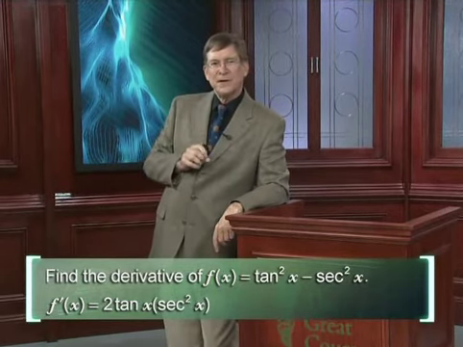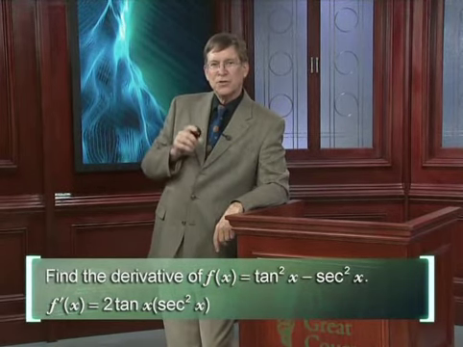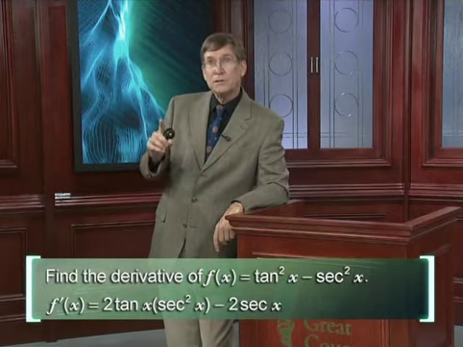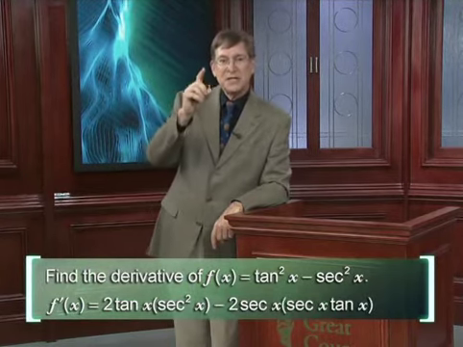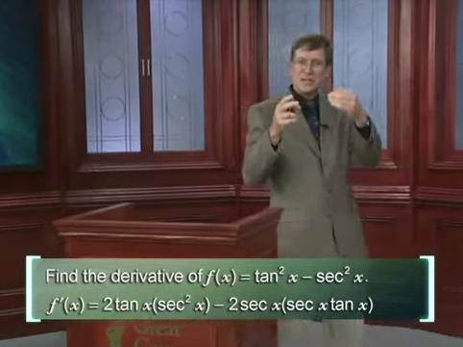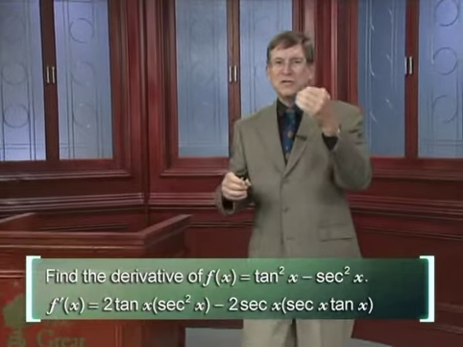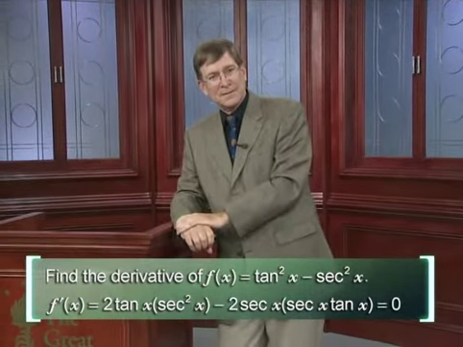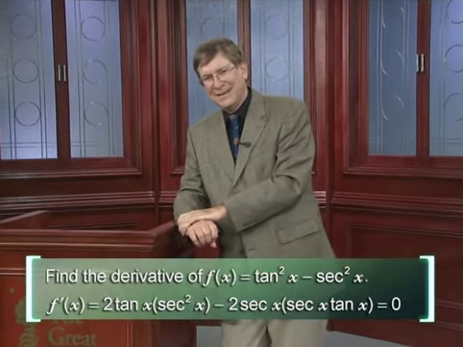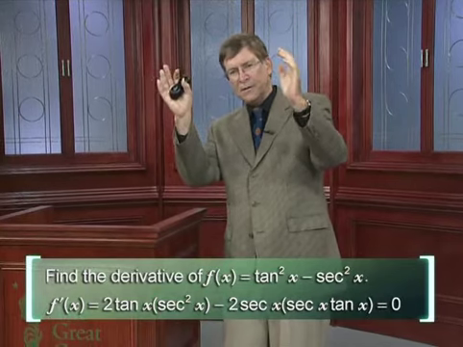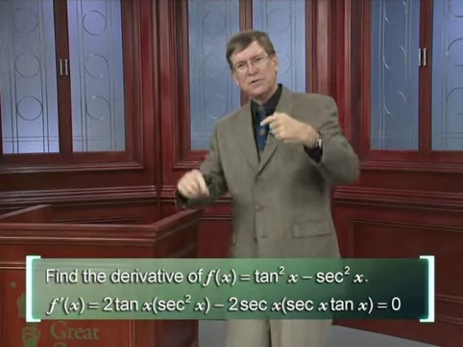And then I have to differentiate secant squared, which is 2 secant, and then the derivative of secant, which is secant tangent. And now look at our answer. It's 2 tangent secant squared minus 2 secant squared tangent. That's 0. We got 0 again. That ugly looking function, sort of complicated, has a derivative equal to 0.